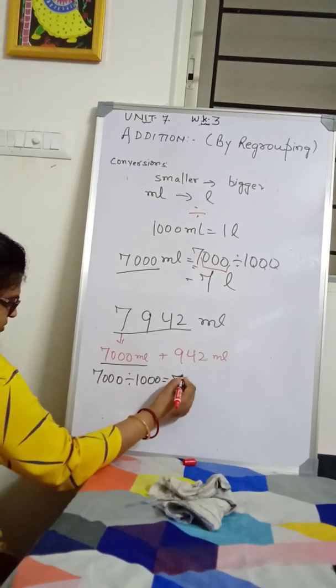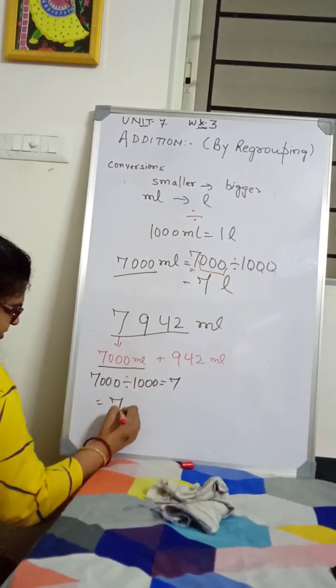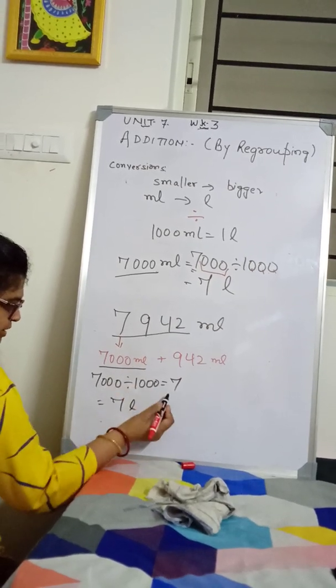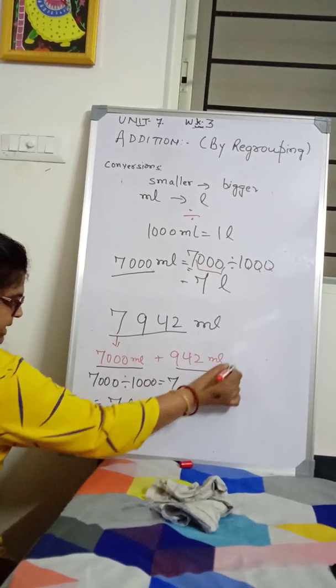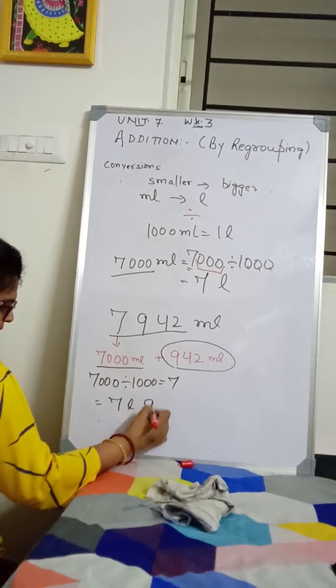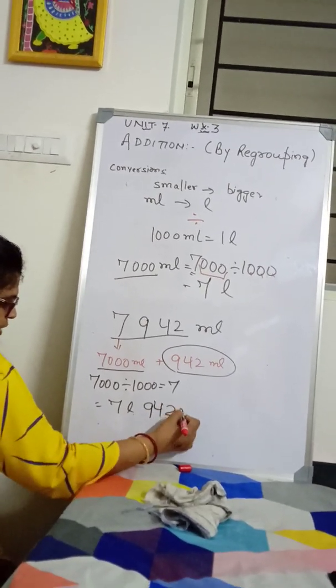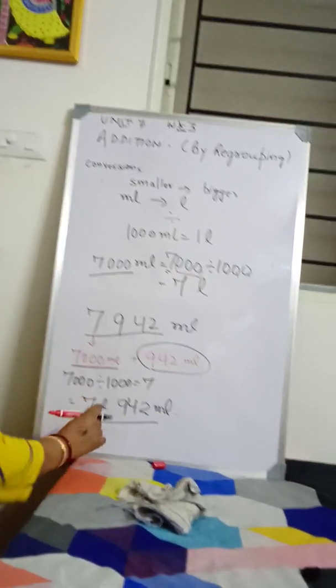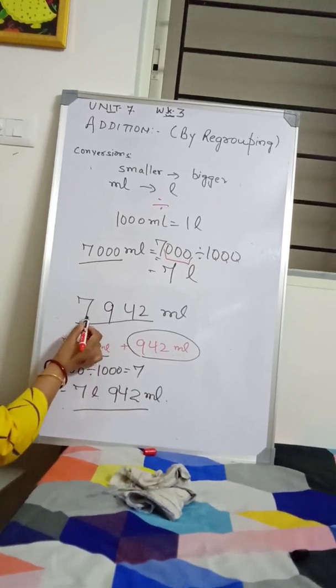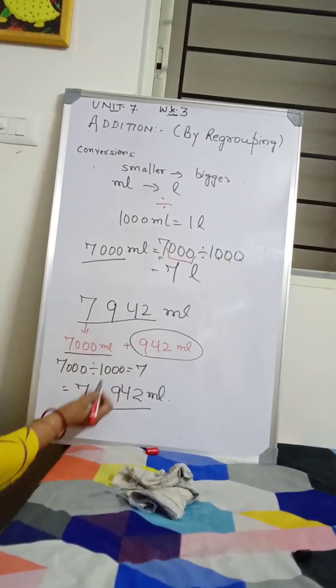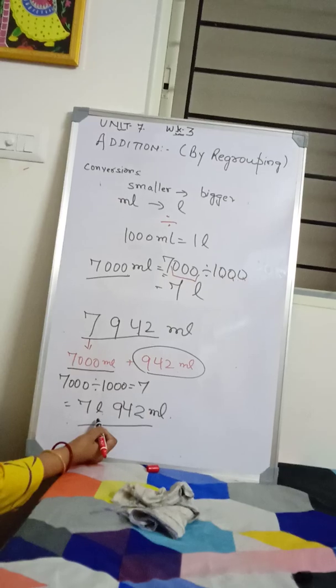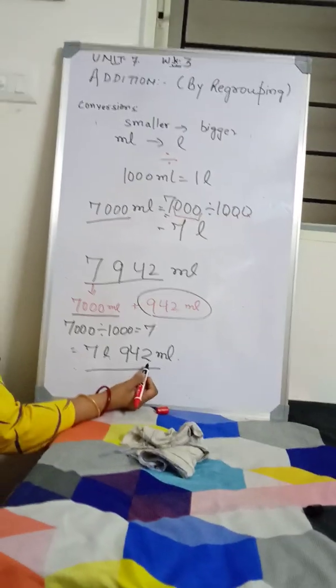So it will give you 7. Now this 7 will become liter, and 942 will be written along with it. So in this way, 7942 milliliter is converted into 7 liter 942 milliliter.